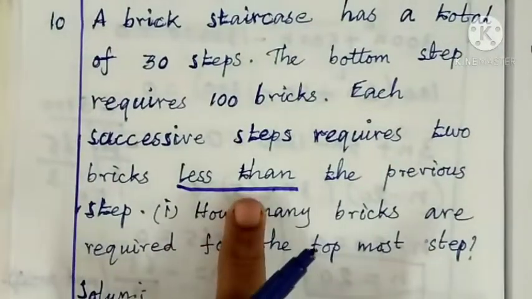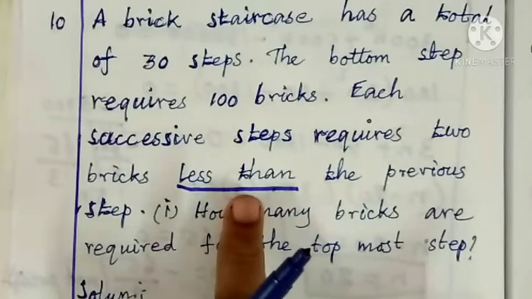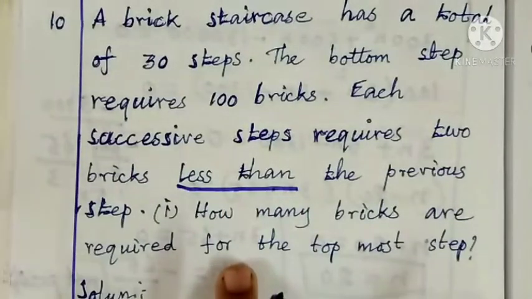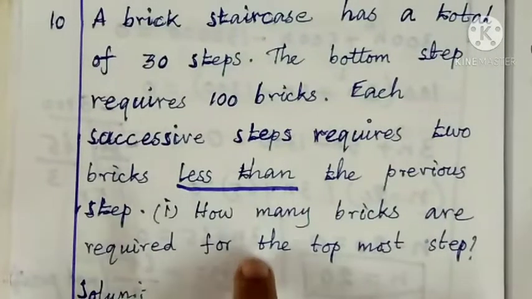So every step is less by 2 bricks. From this, clearly we know that it forms an AP. We need to find the number of bricks required for the topmost step, that is T30.